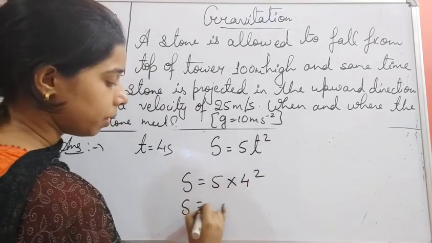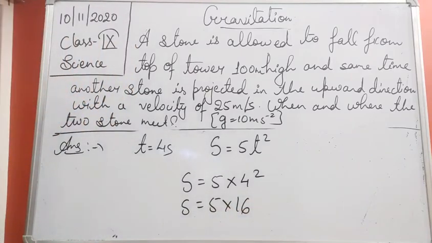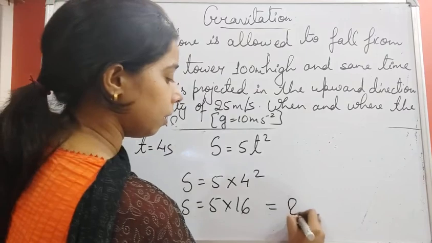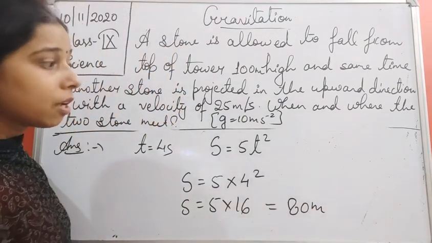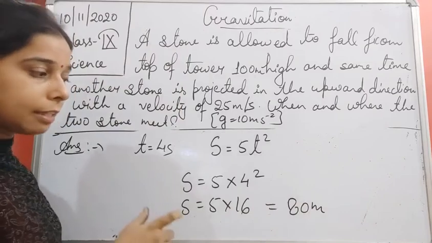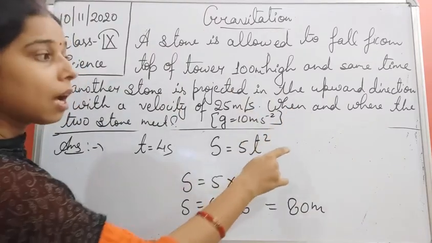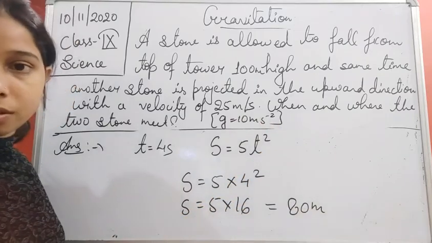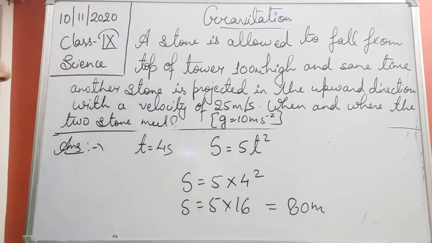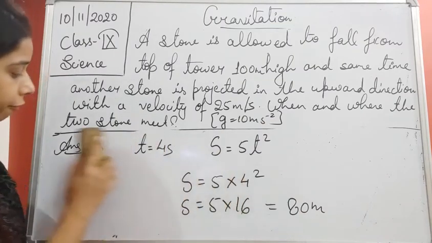So S will be equals to 5 into 16 and that will be equals to 80 meter. So value of the distance where they will meet, students, that is 80 meter. So they will meet after 4 seconds, and at 80 meter they will meet.